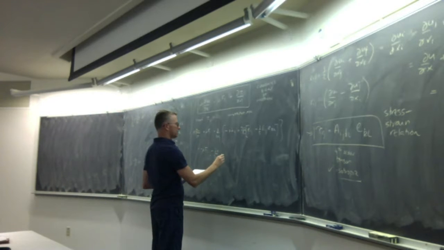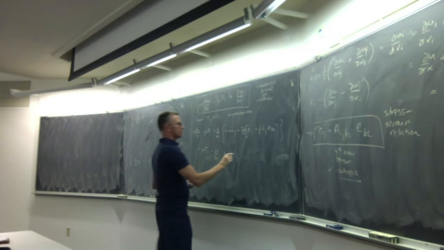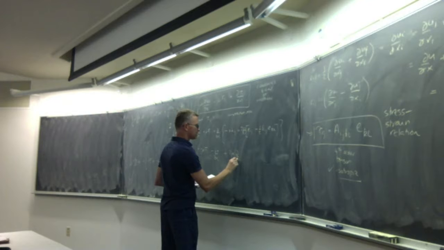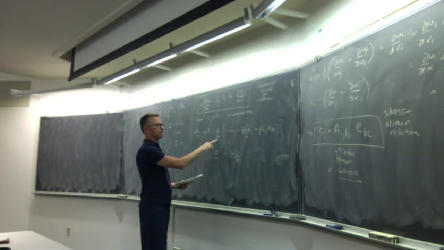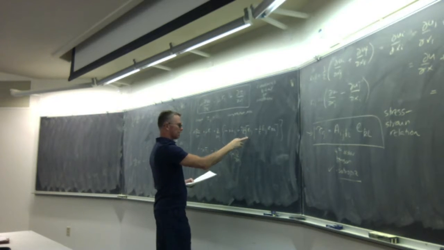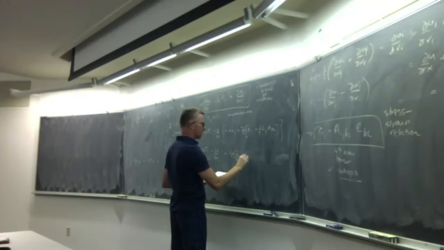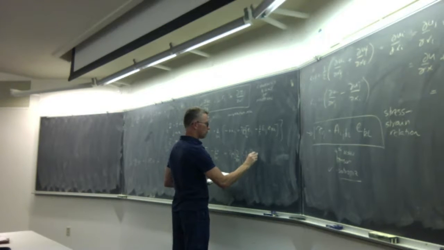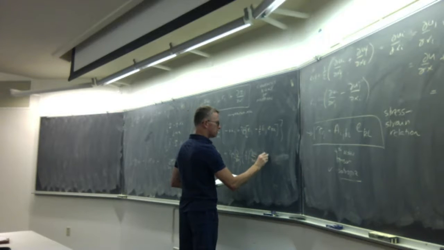So now I have plus 2 mu times d by dxj of eij. So let's write eij out, that's a half dui by dxj plus duj by dxi.